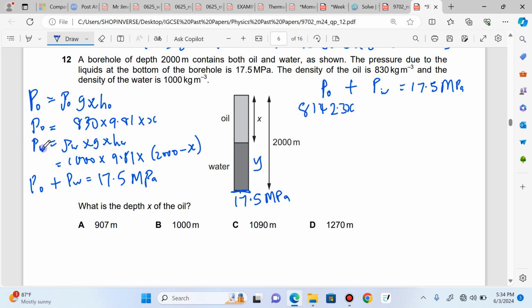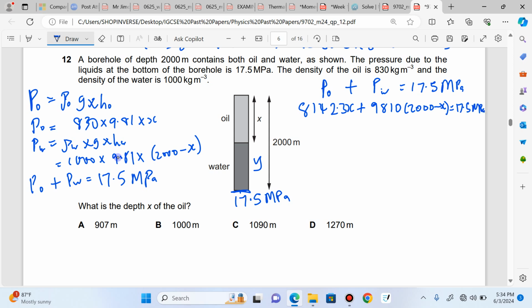Then the contribution of pressure due to the water, we have 1000 multiplied by 9.81, that should be 9810, open bracket, 2000 minus x. All of this should give us 17.5 megapascal.